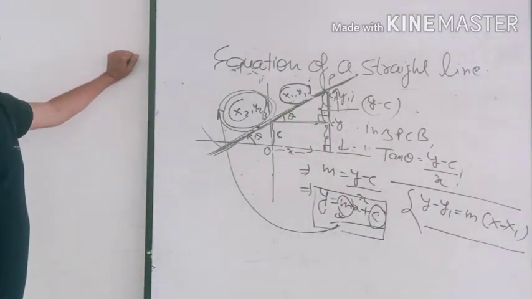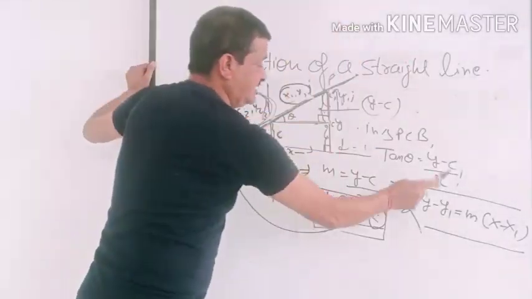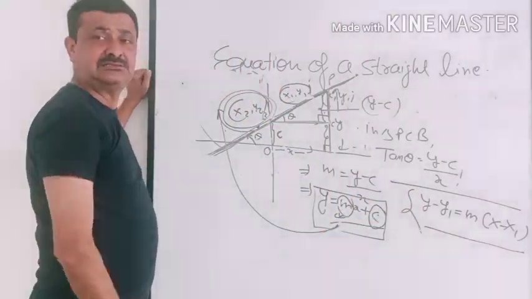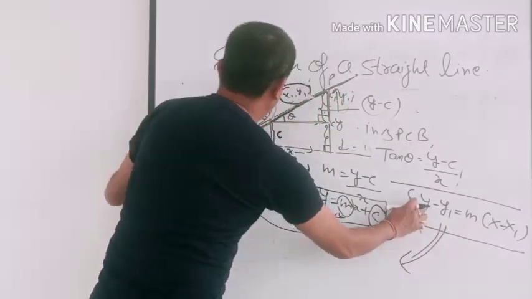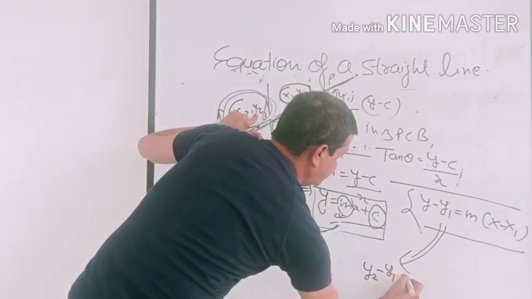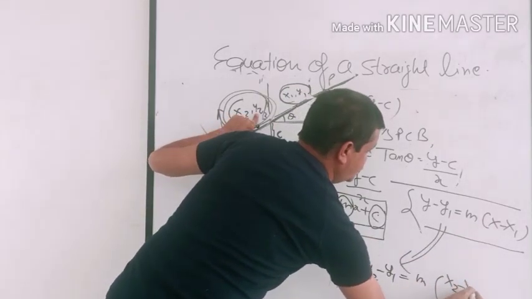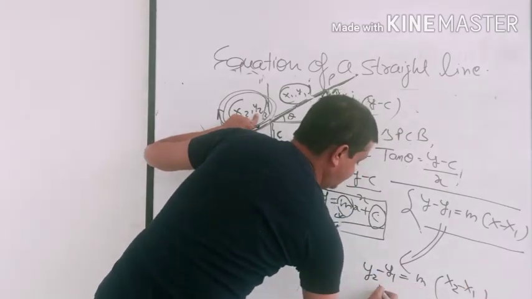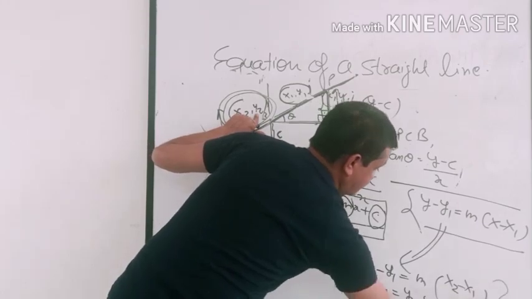Definitely. So in place of y, y2 minus y1 is equal to m times x, which can be replaced by x2 minus x1. It gives you the m of the line, that is the slope of the line, if you just solve it.